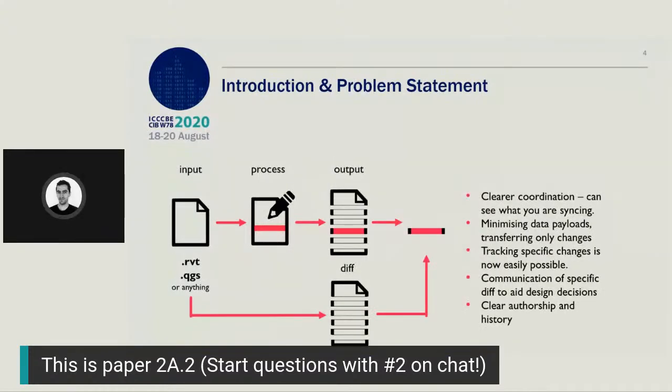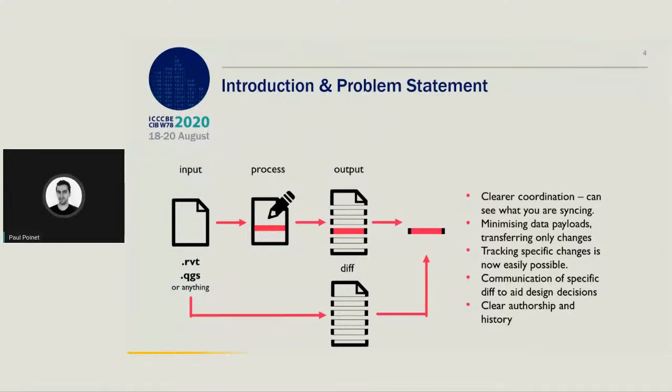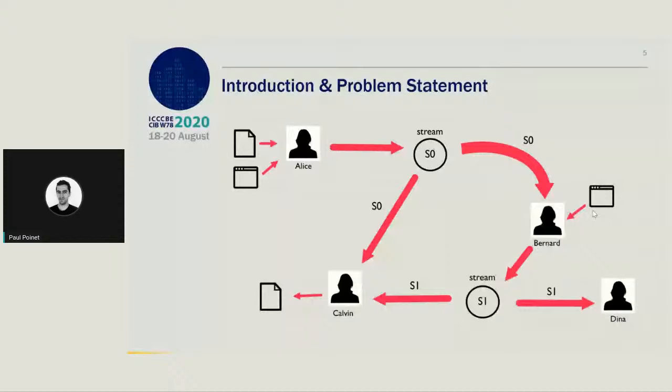So what we are trying to do is, instead of resending the same file, to just send the data that has been changed, right? So that would minimize data payloads. Tracking specific changes would be easier, and this would also enable better communication. It will also create a clear authorship and history throughout the whole design process.